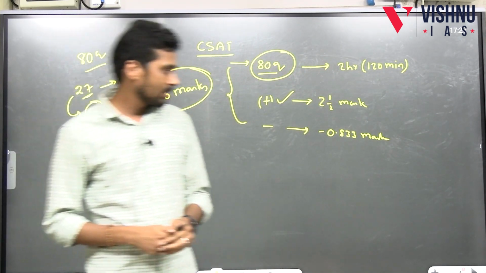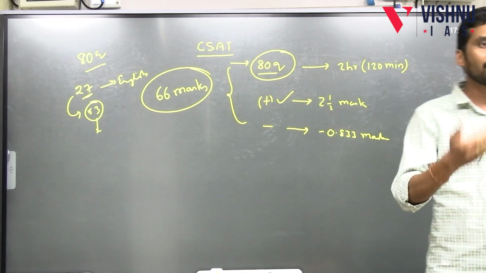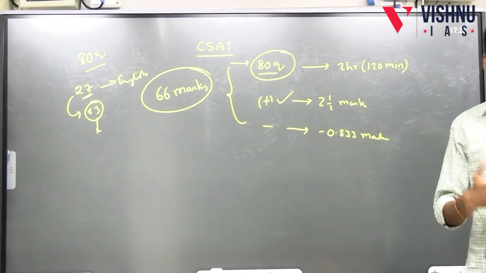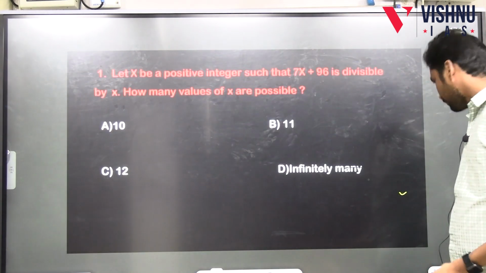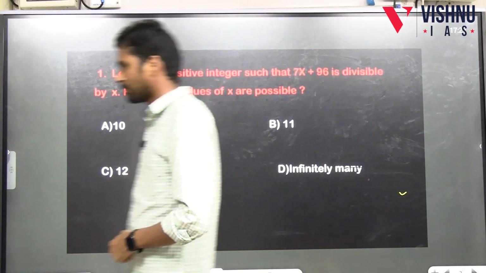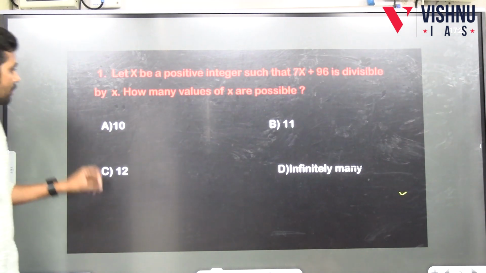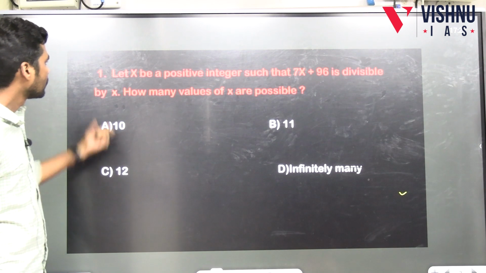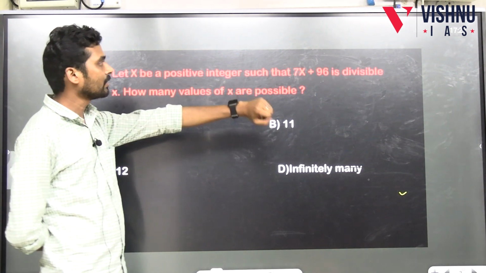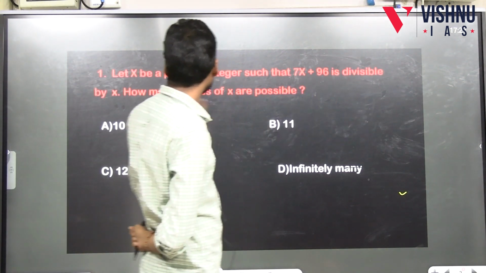Okay, so let's see some questions from 2023. Definitely you require clear concepts regarding this. So this is the question we have. Now we are doing the problems of the CSAT 2023 paper. Let x be a positive integer such that 7x plus 96 is divisible by x.